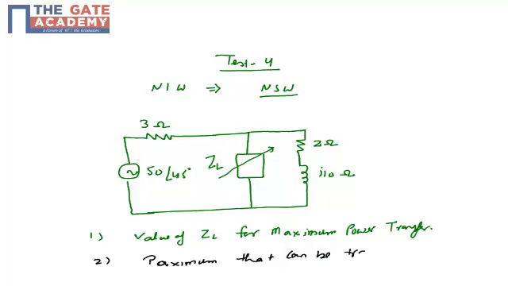In the first problem, we need to calculate the value of ZL for maximum power transfer, and in the second problem we have to calculate the maximum power that we can transfer. For the first part, the standard method is to find the Thevenin equivalent impedance. So replace ZL with an open circuit and the voltage source with a short circuit.